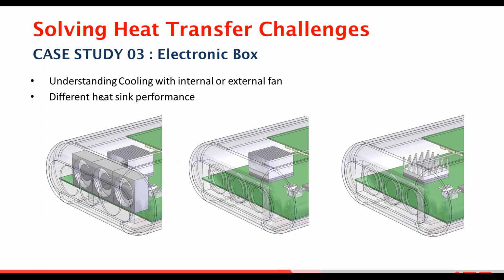The first is the internal fans on the PCB board, the second is the external fans on the casing itself, and for the last one we use the external fans, since external fans have better cooling capacity, and we change the heat sinks to understand whether the temperatures are lowered further. But eventually, what we noticed is that the second one is the best design, where it removes most of the heat, and we achieve 45 degrees Celsius on the main chips.